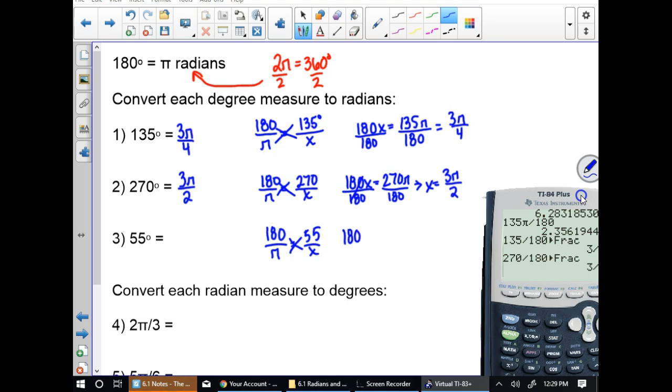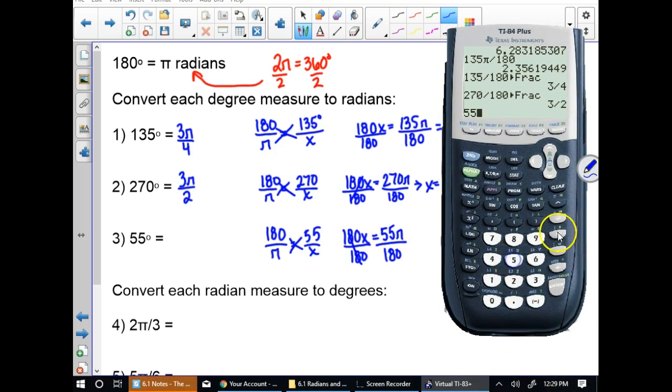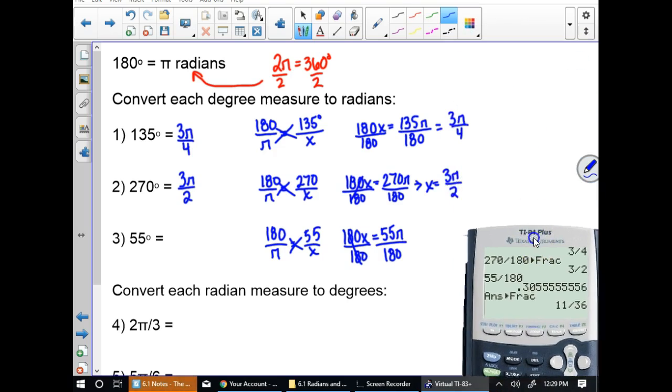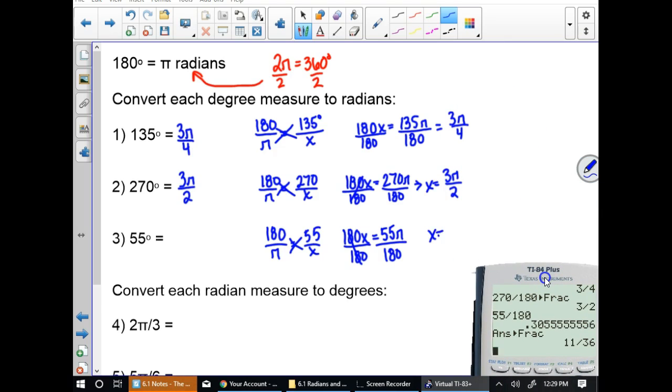We'd get 180X equals 55 pi. And we would divide by 180. When we do 55 divided by 180, enter, we get 11 pi over 36.